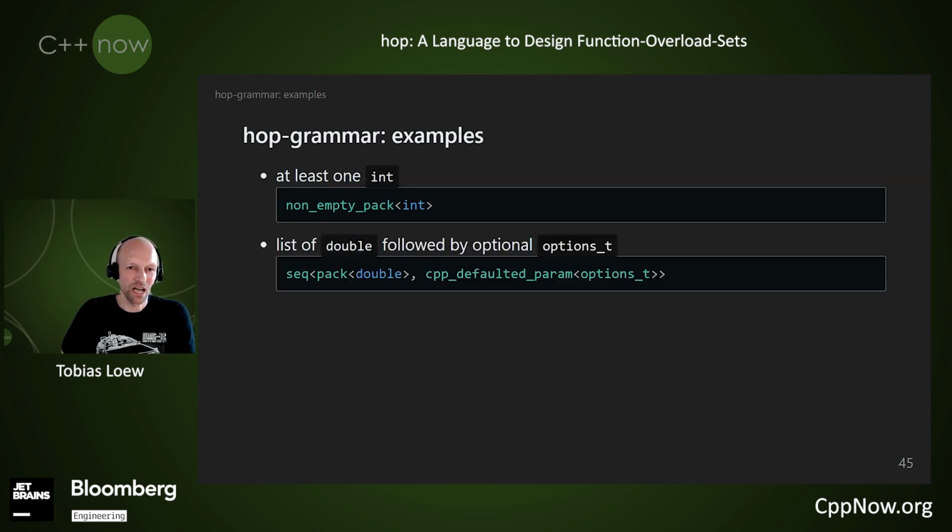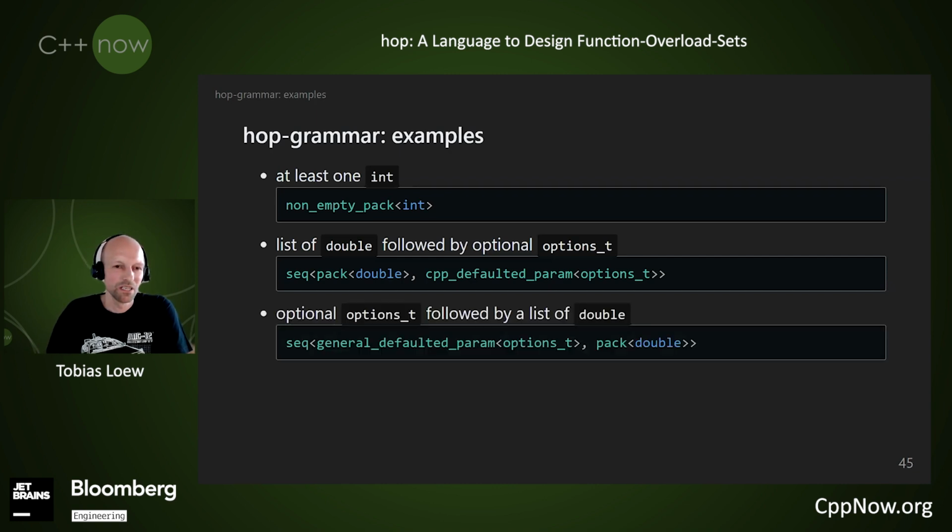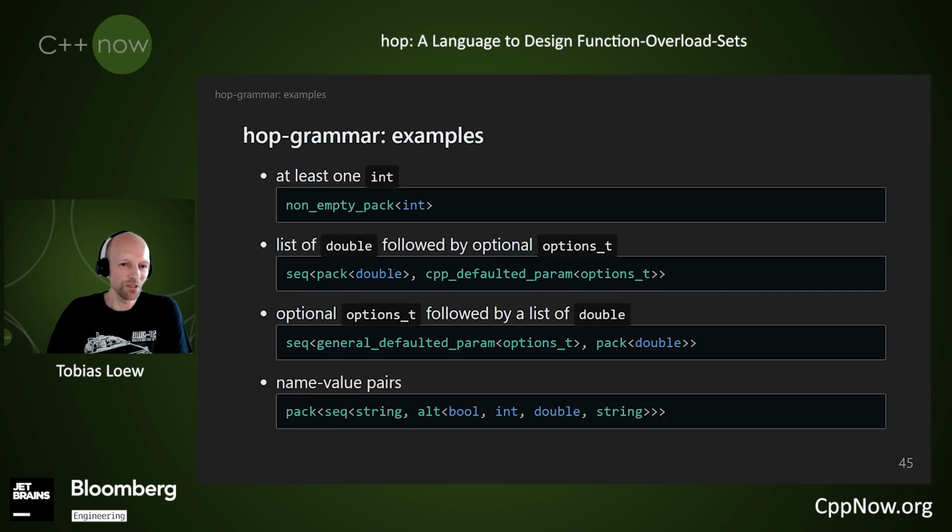When we want to have a list of doubles followed by an optional options T type, we could write, okay, I want a sequence of a pack of double followed by a C++ defaulted parameter called options T. But we also could put the options T at the beginning, where we have to use the general defaulted parameter because the C++ defaulted are only allowed at the end. We could also write something like a pack of name value pairs, where we have a string followed by a bool, an int, and double, or a string.